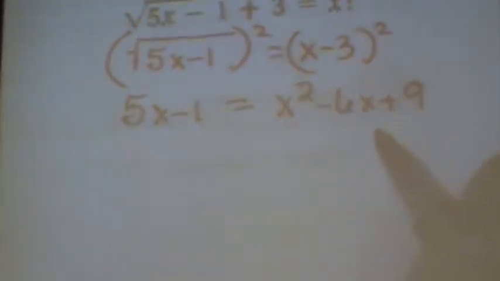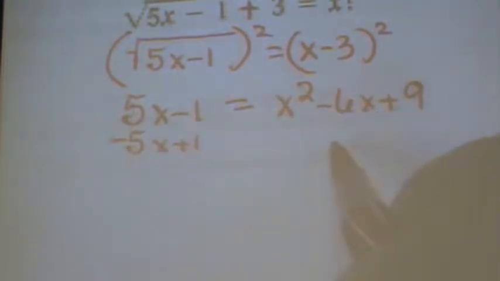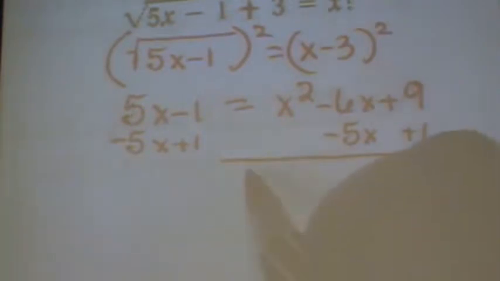Okay, is there anyone lost on that step right there? Then what? Plus 1 and minus 5x. So x squared minus 11x plus 10. Good, and then what?